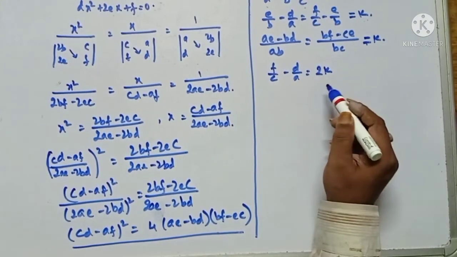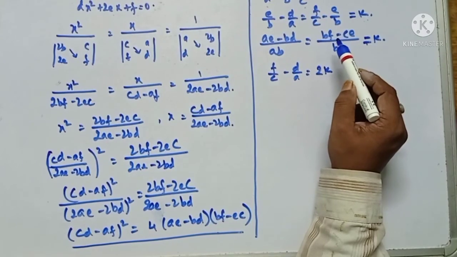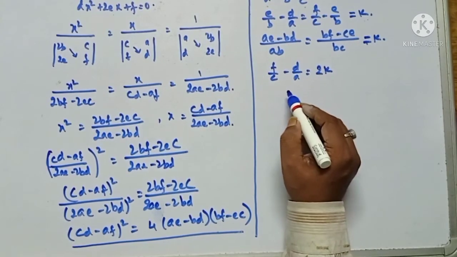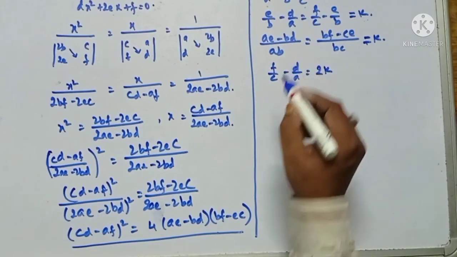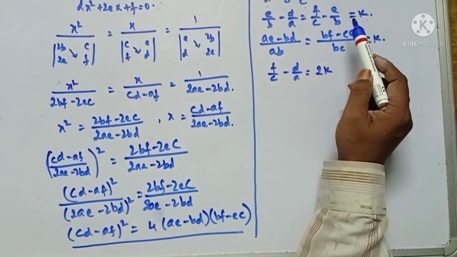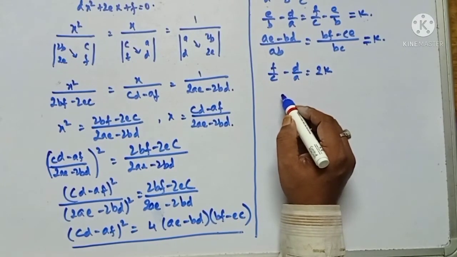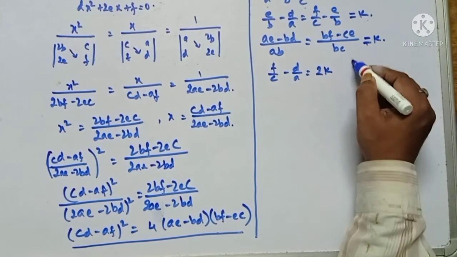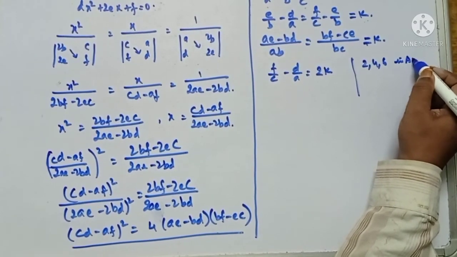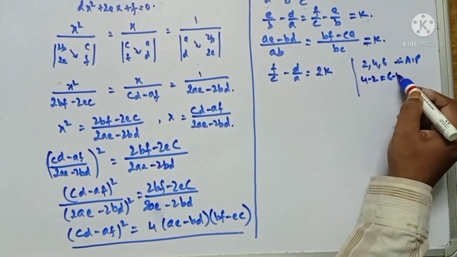So let me explain again why it is 2K. Say if 2, 4, 6 are in AP, then 4 minus 2 is equal to 6 minus 4, that is equal to 2.